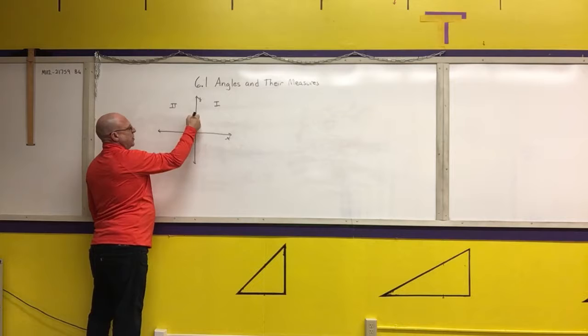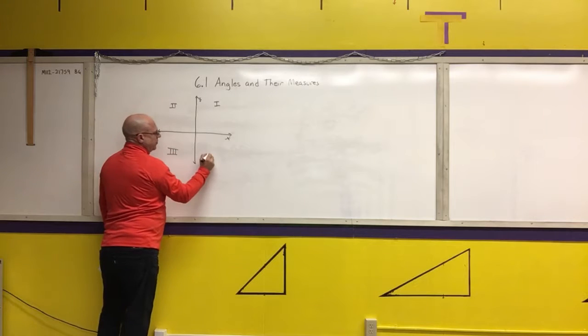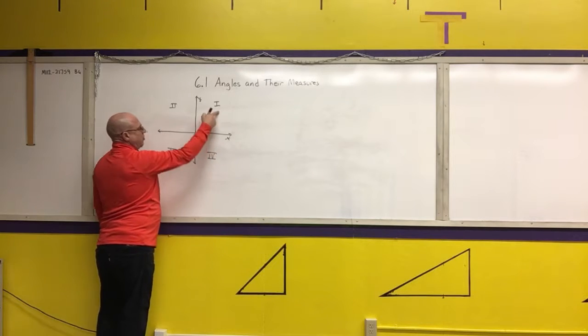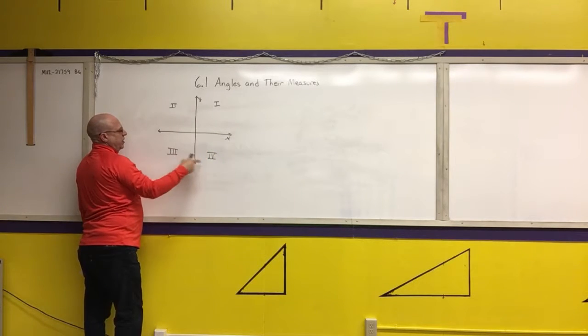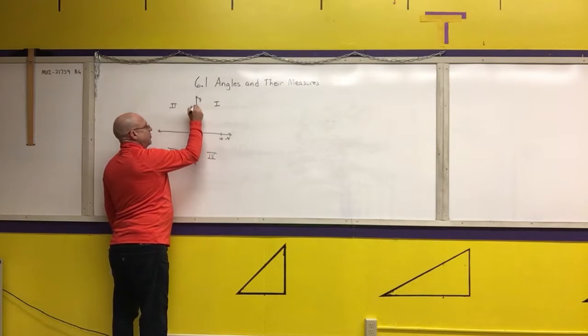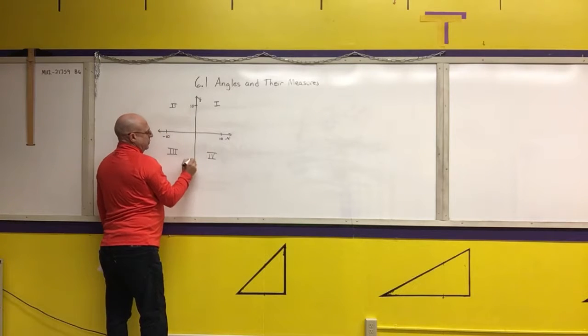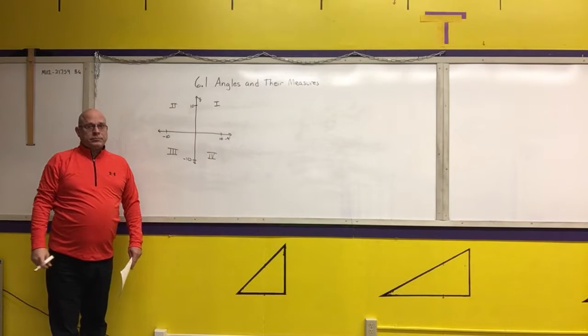The positive x, positive y quadrant is quadrant 1, and we go counterclockwise for the other three quadrants. So quadrant 1, 2, 3, and 4. Here, y's are positive above the x-axis, x's are negative to the left, and y's are negative going down.